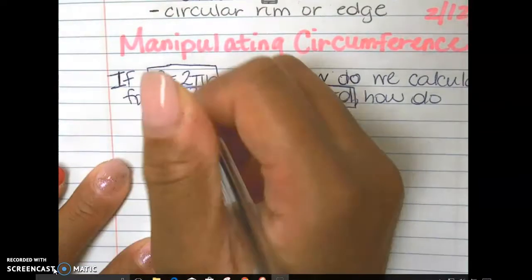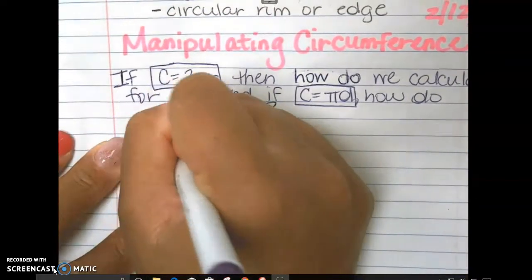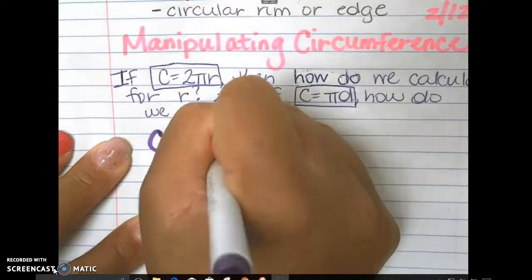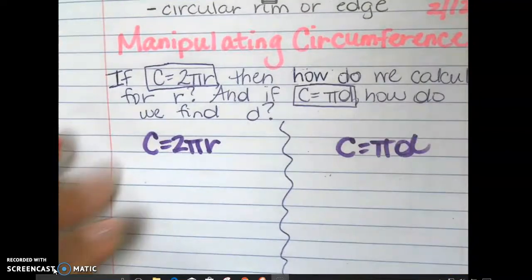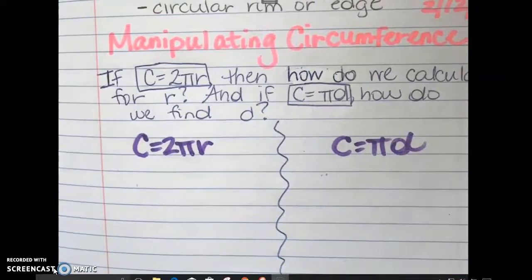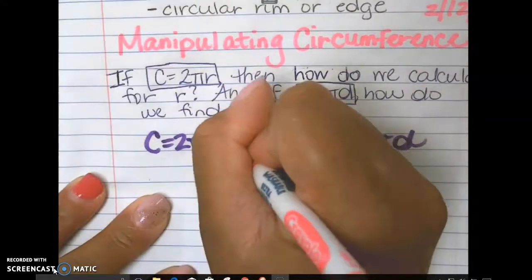So, let's say I have C equals 2 times pi times R, and C equals pi times diameter. What do I do to get R by itself?